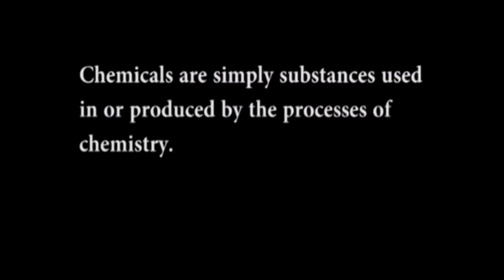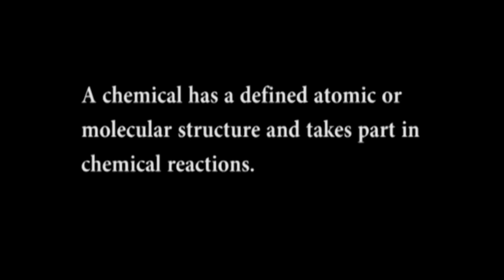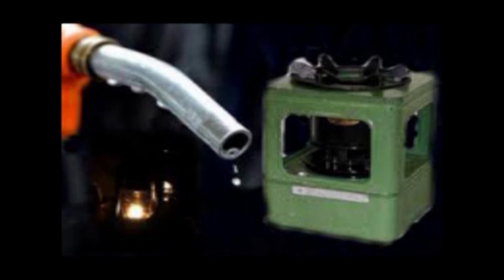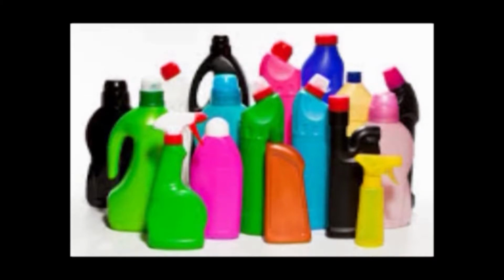Chemicals are simply substances used in or produced by the processes of chemistry. A chemical has a defined atomic or molecular structure and takes part in chemical reactions. Examples of chemicals. We have kerosene, insecticide, detergents, and so on.